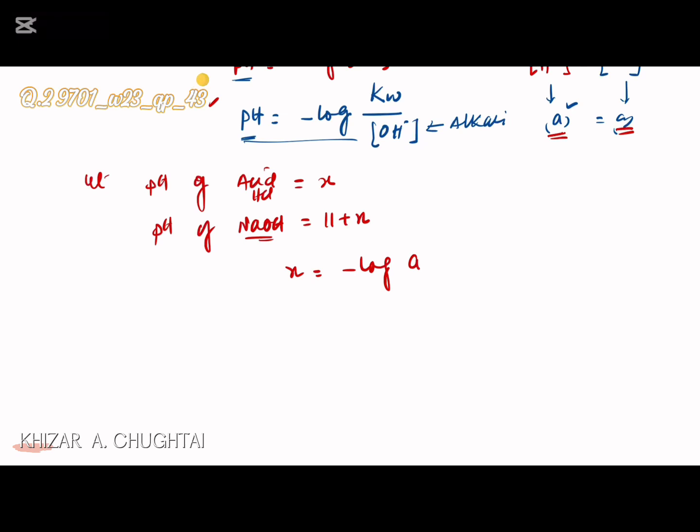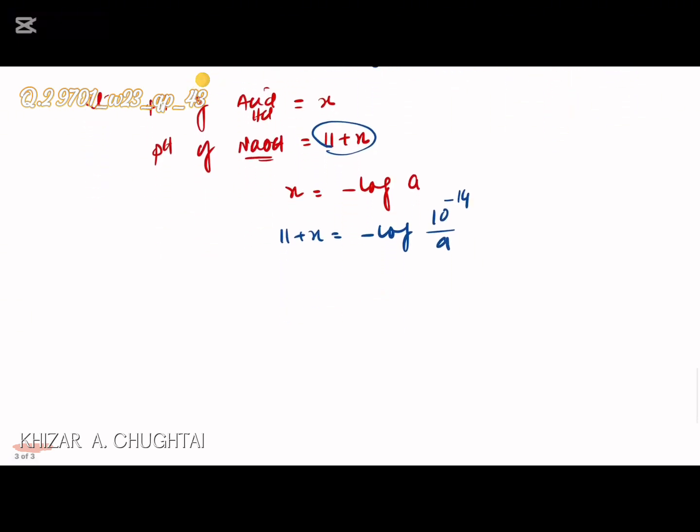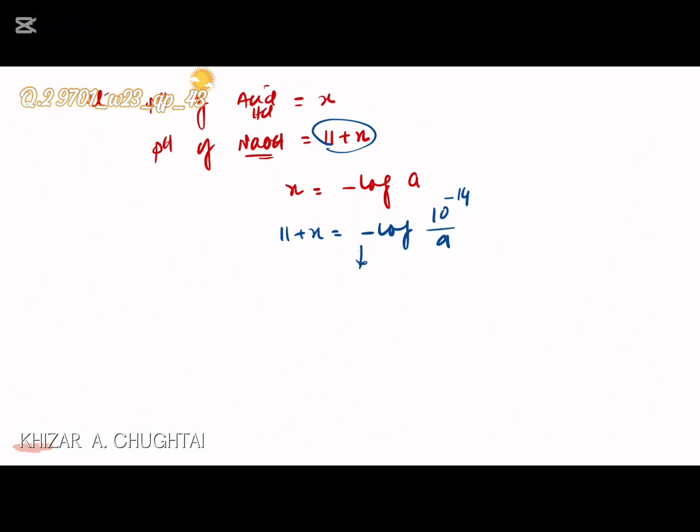Here the pH for the alkali, 11 plus X, is equal to minus log of Kw, whose answer is 10 raised to power minus 14 at 298 Kelvin, over the OH concentration, which we have supposed to be A.